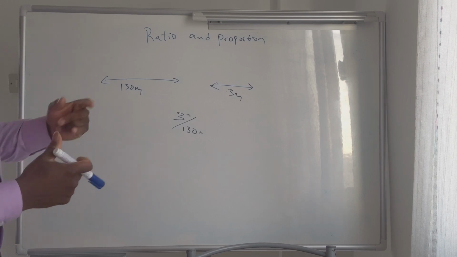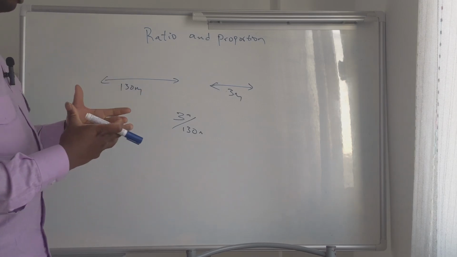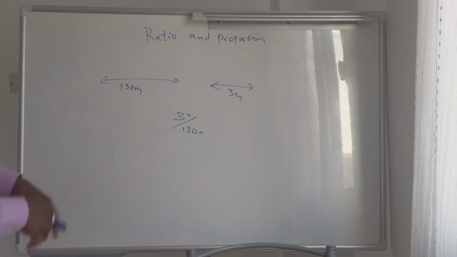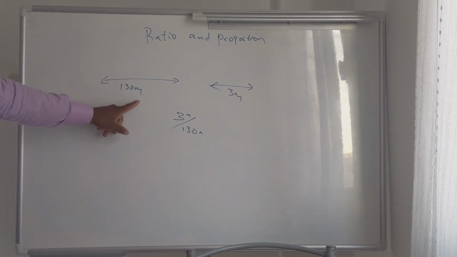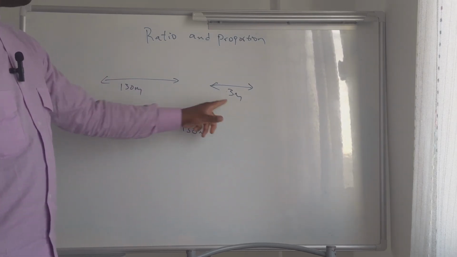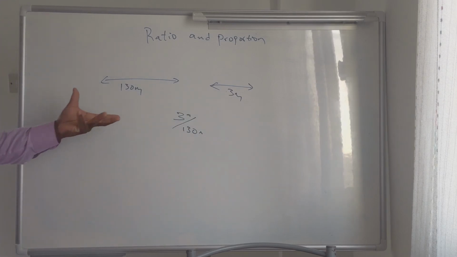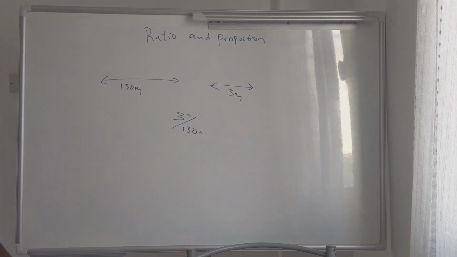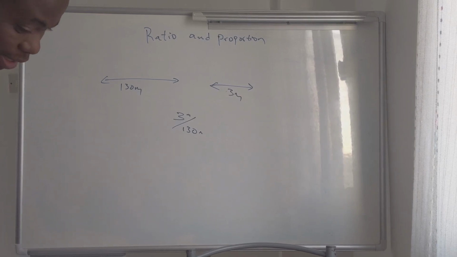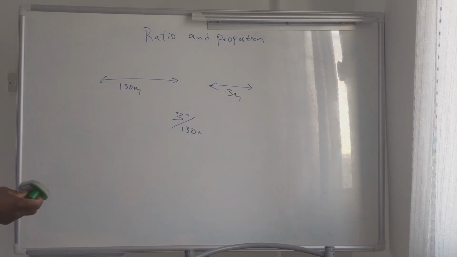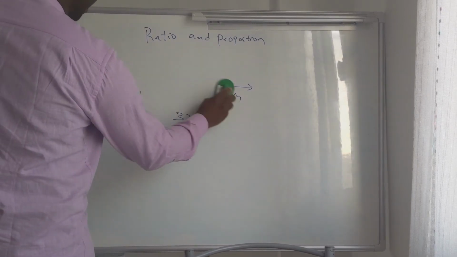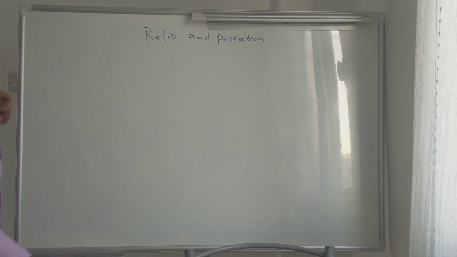So they must share similar quantity. In this case, you have 130 meters and 3 meters. So meters means that, yes, they have similar quantities, so we can compare these two objects. So we're going to be seeing examples and we'll be able to understand better how to solve ratio and proportion related problems. So let's get started.